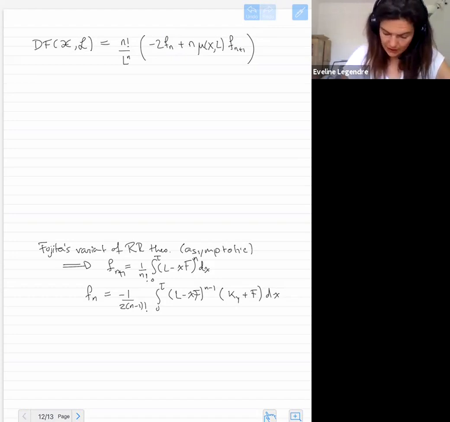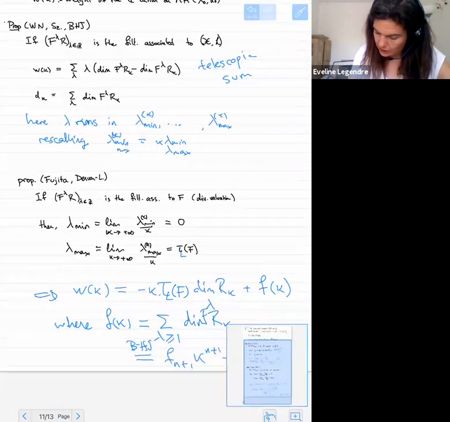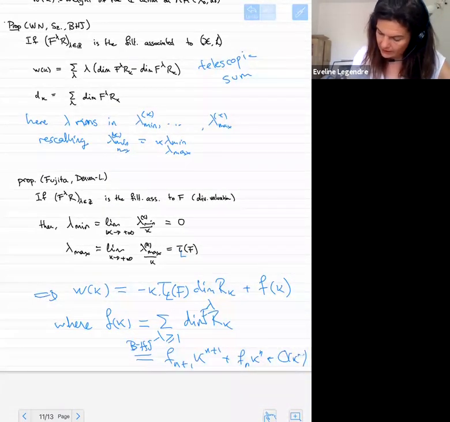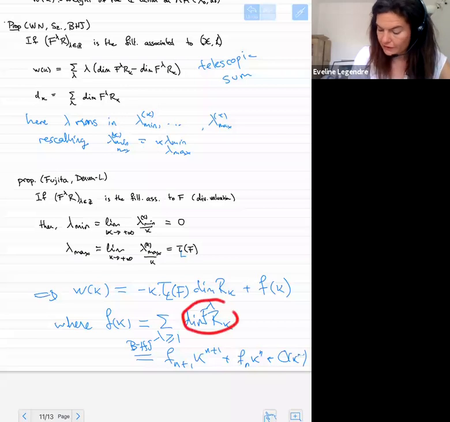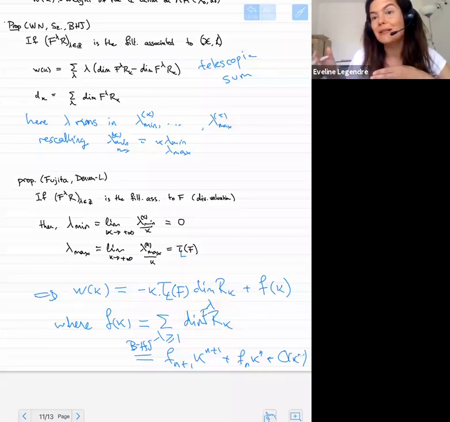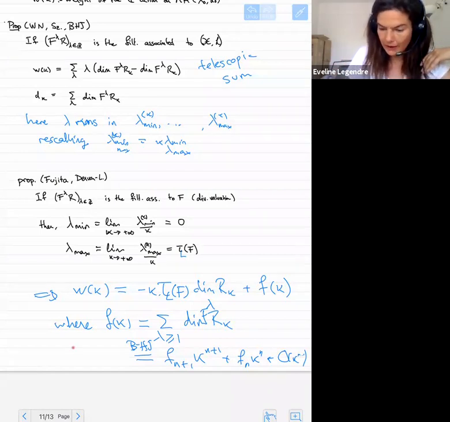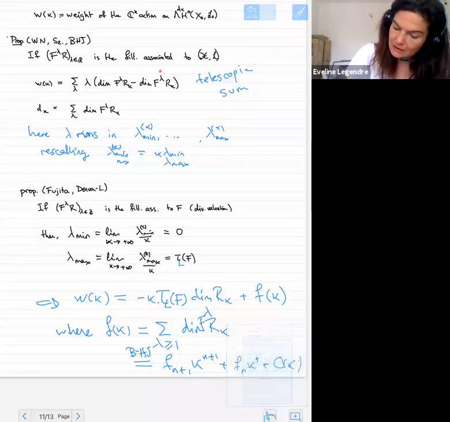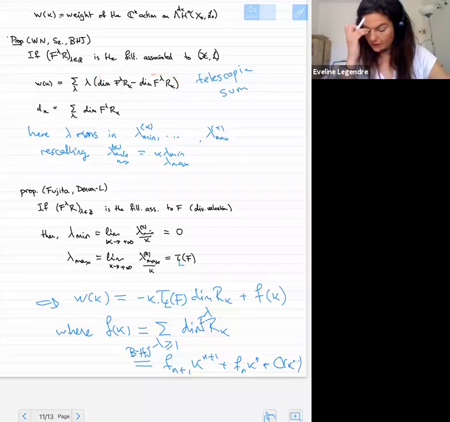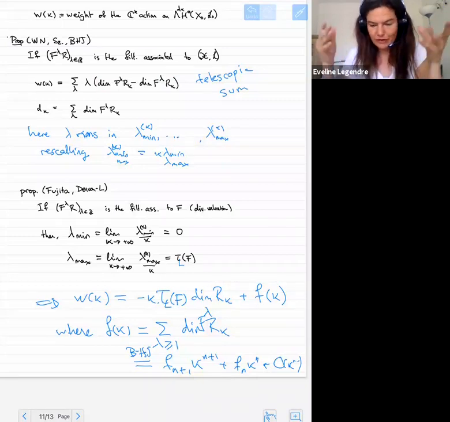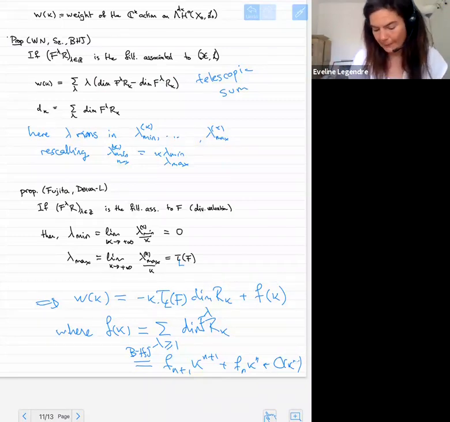Just as a recall, these coefficients will appear as the sum of some dimension of weight spaces. This is the way we should express it. So this is the dimension of a weight space, and this is how the equivariant Riemann-Roch could come in.